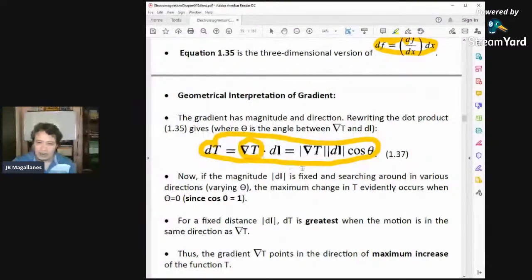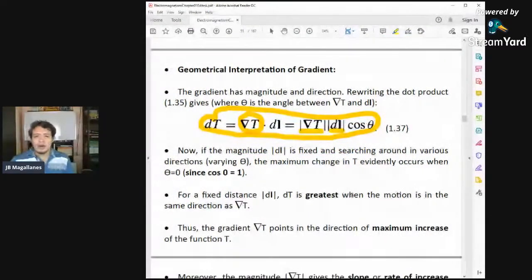So by that product, you can get the magnitude of gradient of t times the magnitude of dl times cosine theta, where theta is the angle between the gradient of t and dl. Now, if the magnitude of dl is fixed and you search around in various directions, you are varying theta.